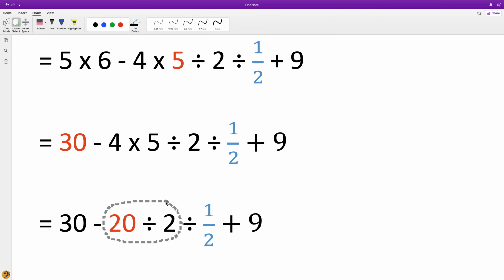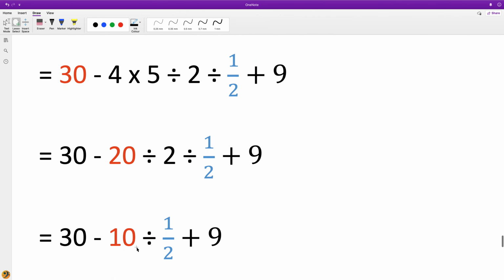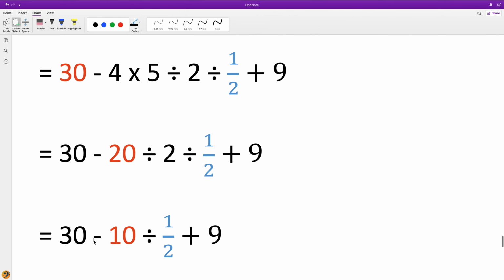So our next line of working out becomes this. We have 30 minus 10 now, because we've just done 20 divided by 2. And then we just write out the rest of our operation, divided by a half, plus 9. Once again, similar process. We have a subtraction and we have a division. Division is a higher order than a subtraction.